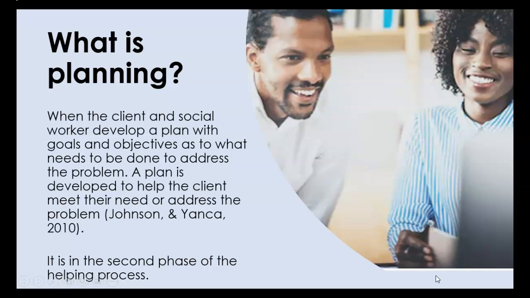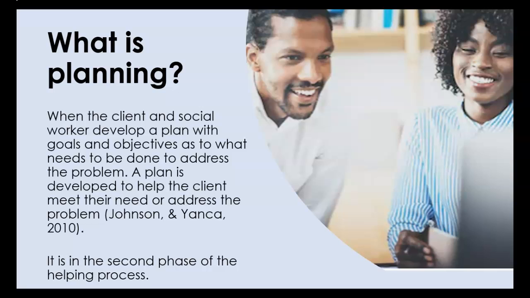So what is planning? When the client and social worker develop a plan with goals and objectives as to what needs to be done to address the problem, that is a plan. A plan is developed to help the client meet their needs or address the problem. It is in the second phase of the helping process. So again, what is planning?